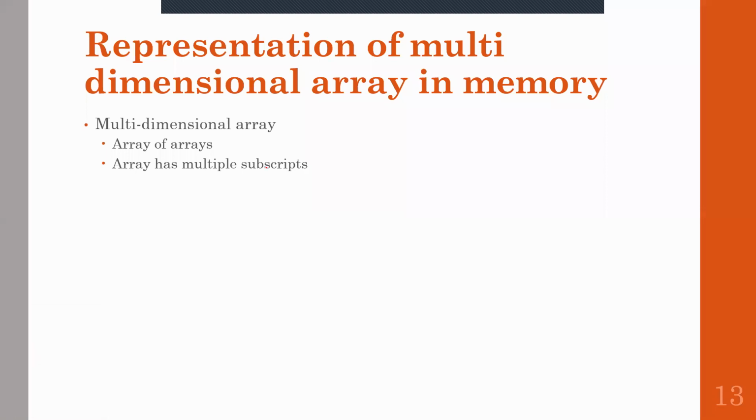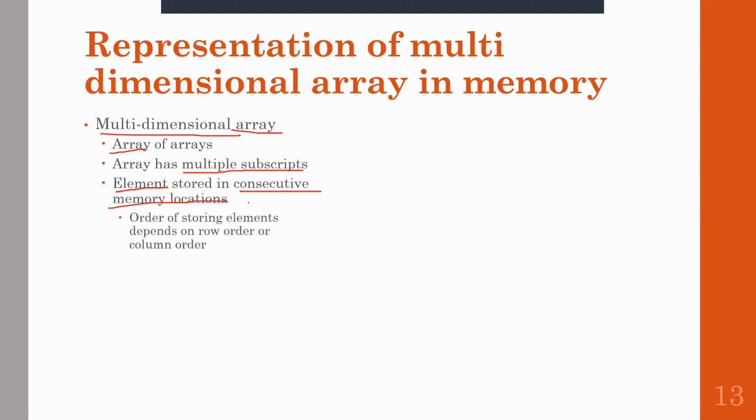Therefore, we require multiple index parameters or multiple subscripts associated with the array name, which help us traverse through the multidimensional array to search, to sort, and so on. As specified previously, even for multidimensional arrays, the elements are stored in consecutive memory locations, but the order in which they are stored is slightly different, because it depends on whether the system follows row order or column order.